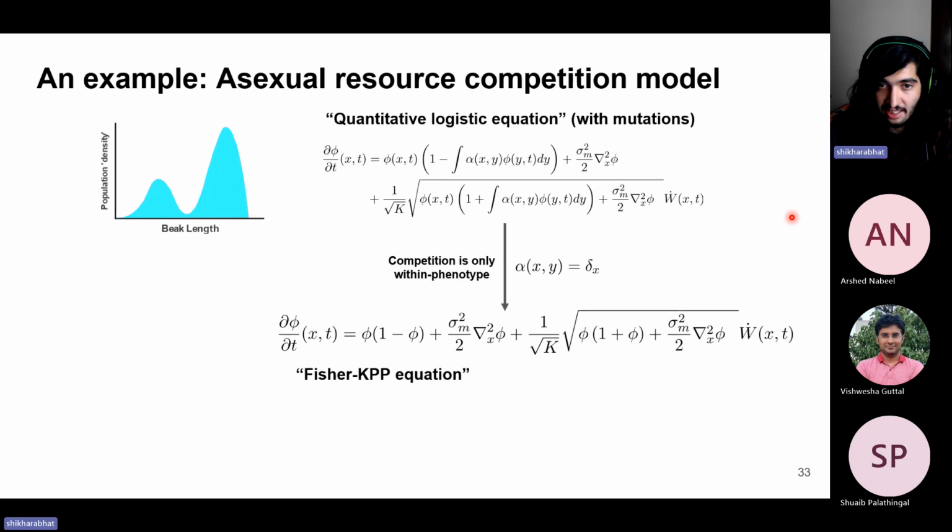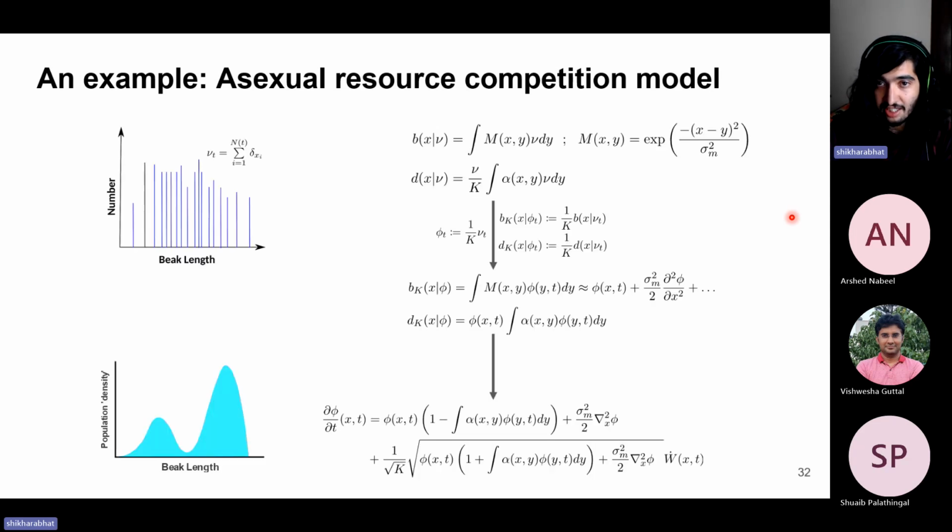And just like for discrete cases, notice that I could have started out with multiple different microscopics, that is different functional forms here, to end up with the same form here, because this depends on b minus d and b plus d.